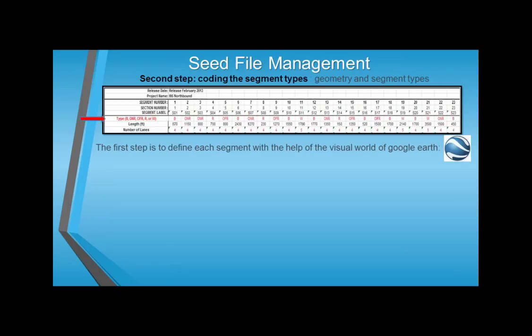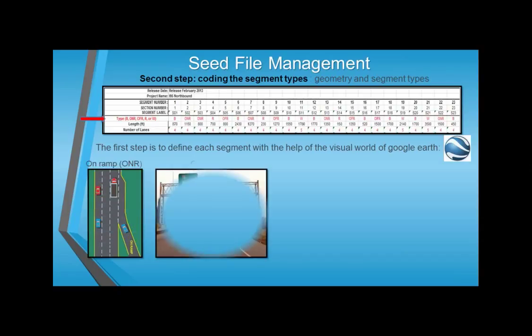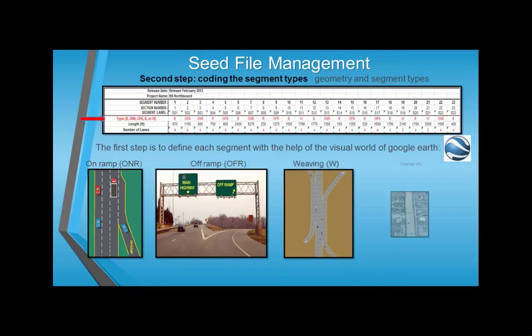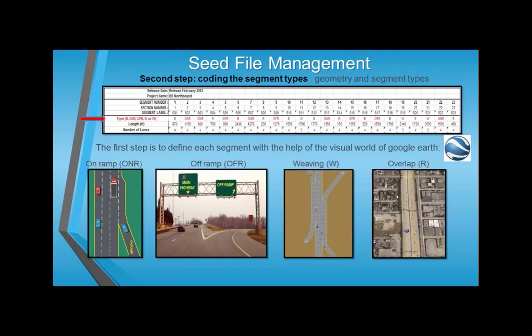The first one is the segment can be on ramp, off ramp, weaving, or overlapping. And if we don't have any of these characteristics in the actual segment, the segment is categorized as being a basic segment, which is the 5th one that I didn't show there. And all these segments are defined using the convention of the Highway Capacity Manual 2010.